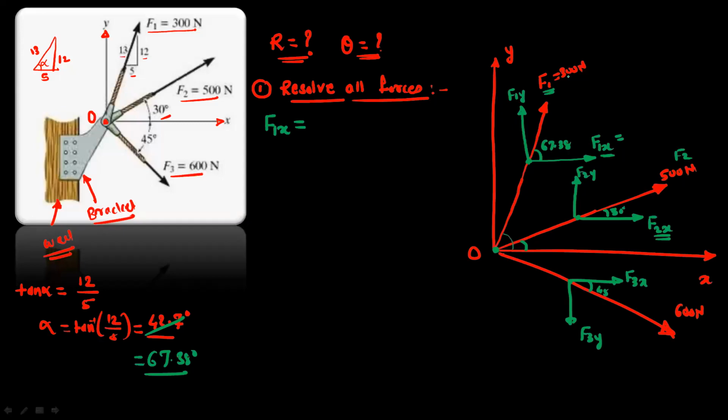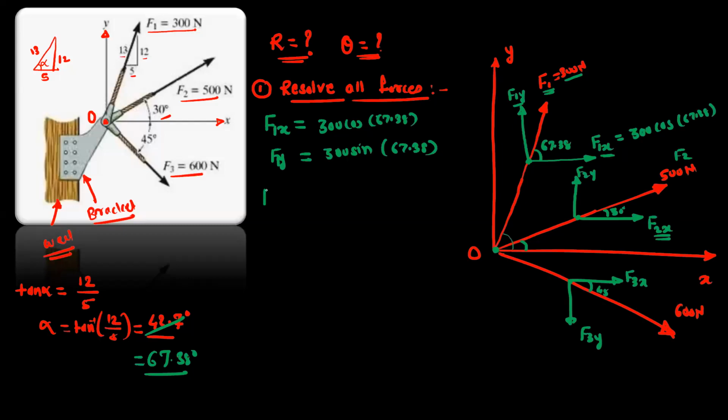So we will write force magnitude is 300 Newton, cos, angle is 67.38. So this is 300 cos 67.38, and F1Y is equal to 300 sine 67.38, because this is opposite component to the angle 67.